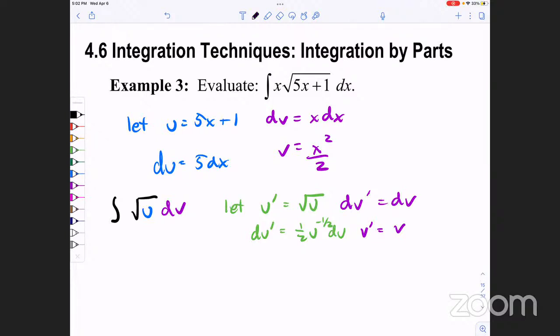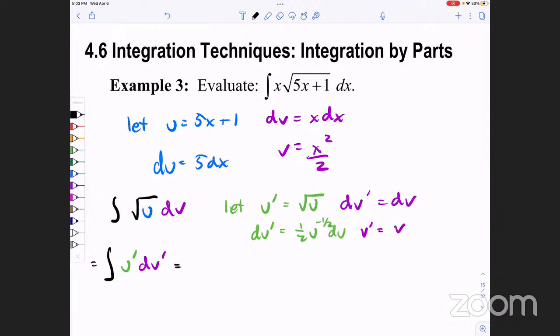Hopefully this works. I don't know. So then u dv, at this stage, is going to be the integral of u prime dv prime, right? So then this is going to be equal to uv.